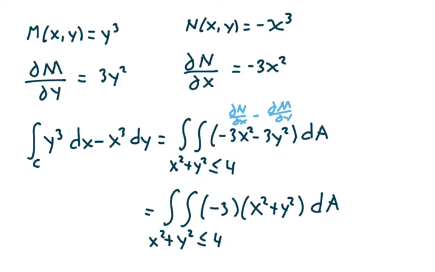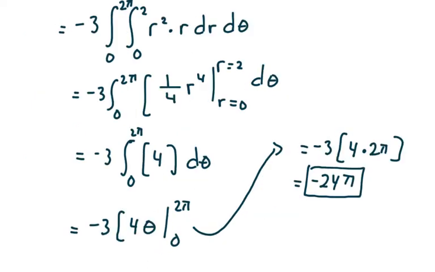I don't convert to polar right away. Now, from here, I am going to convert to polar because it just makes sense. We're integrating over this circular region, everything inside that circular region, right? Now, over here, I'm going to pull the negative 3 out. My limits are from 0 to 2 pi on the outside, right? My theta limits. My r limits go from 0 to 2. X squared plus y squared is equal to r squared, right?